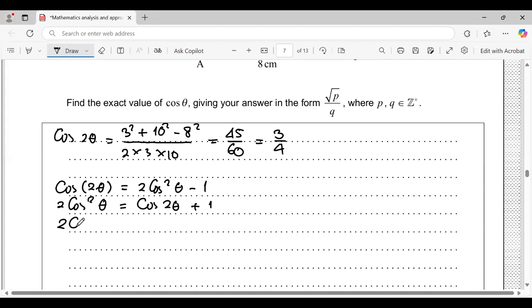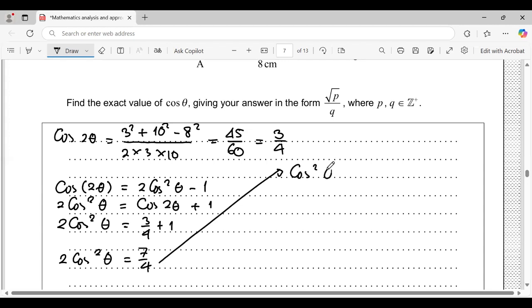So 2 cosine squared theta equals 3/4 plus 1. So 2 cosine squared theta equals 7/4.